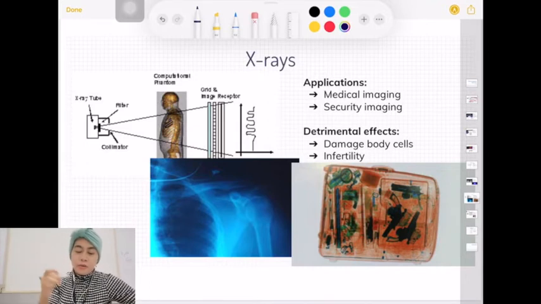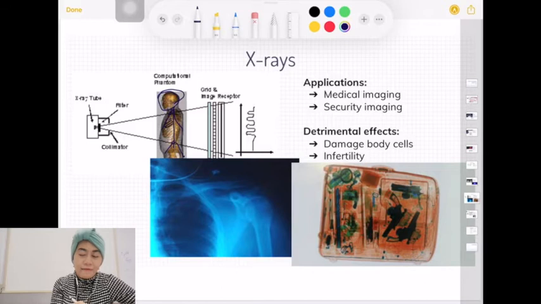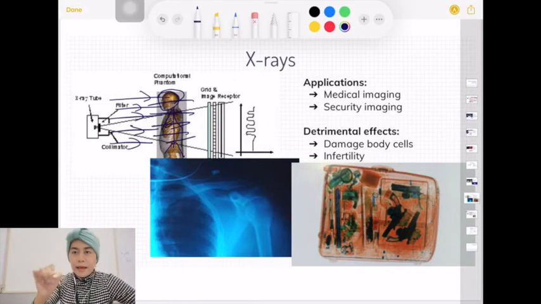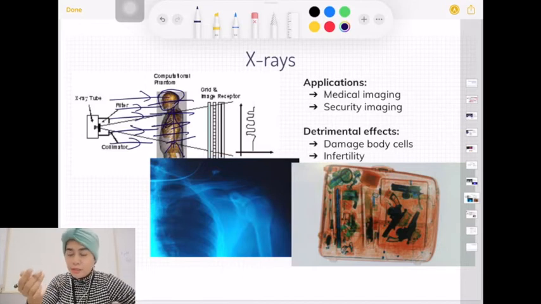Right. So if a human stands here in this picture, and they have bones inside, basically all the X-rays that shine onto him can pass through him, except for the denser part of his body, which is his bones.